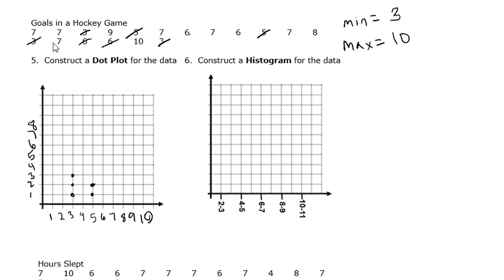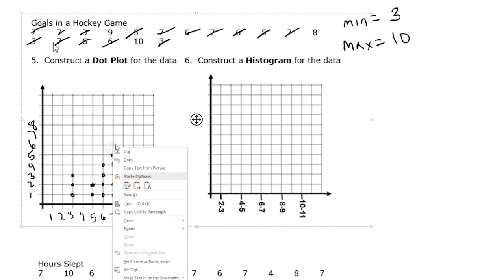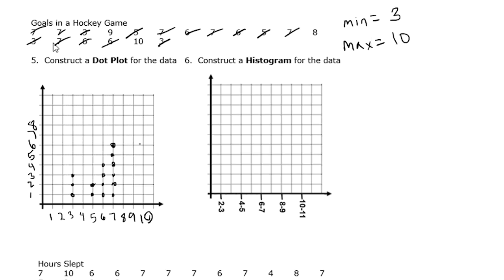We have 1, 2, 3, 4. Put 4 dots above 6. 7s, we have 1, 2, 3, 4, 5, 6. And then 8, we have 1, 9, 1, and 10, 1.